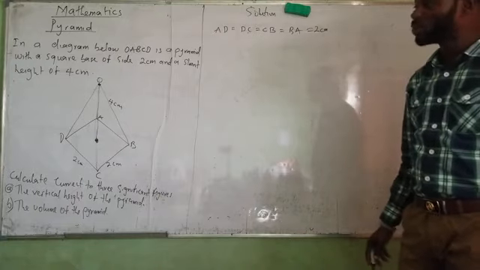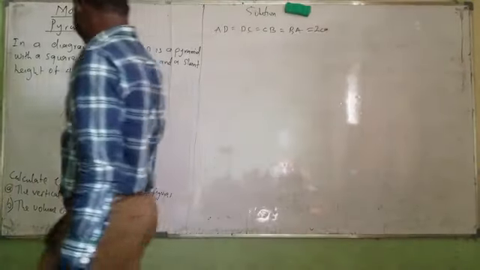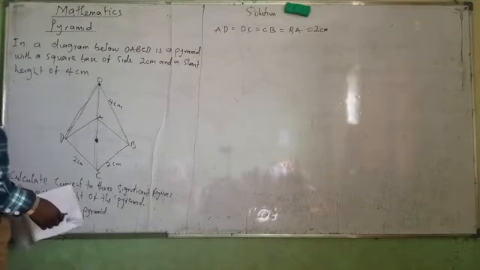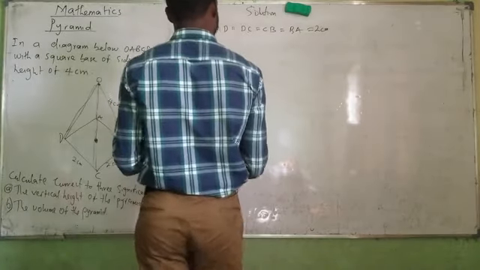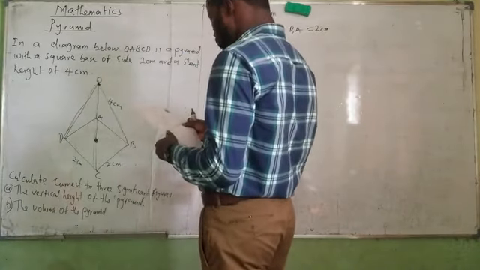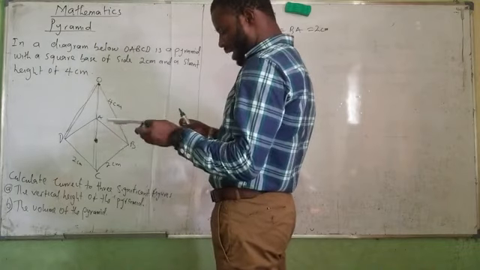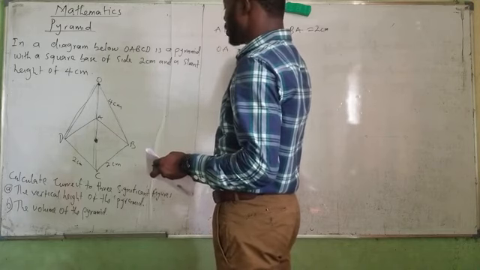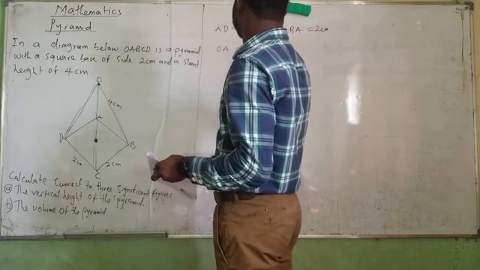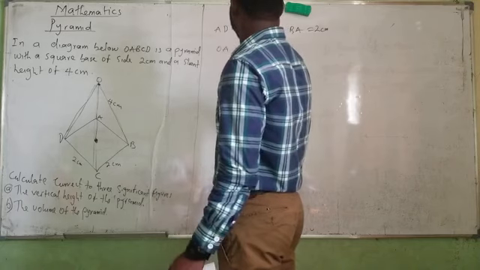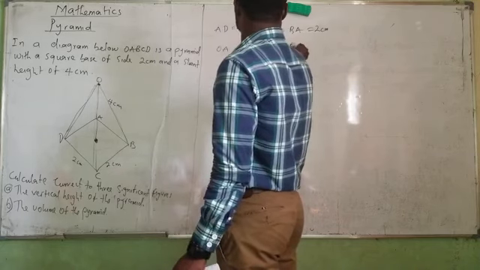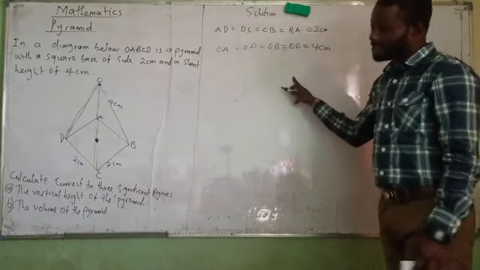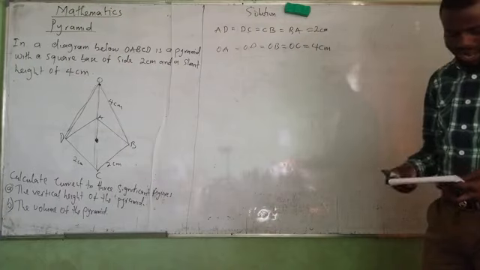Take note of that very well. And don't forget that all these slant lines are all equal, which will be equal to 4 centimeters. If I should write it very well, I'll have OA equals OD equals OB equals OC, which is equal to 4 centimeters, which is the slant height. Now, you are asked to find.